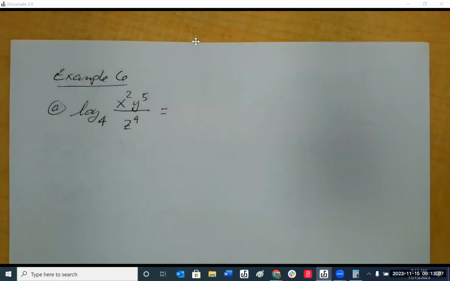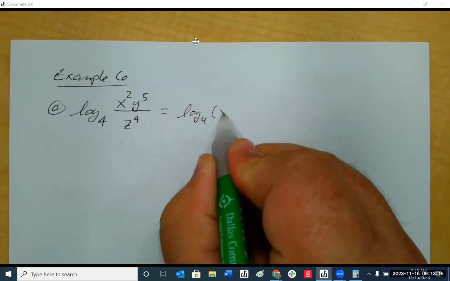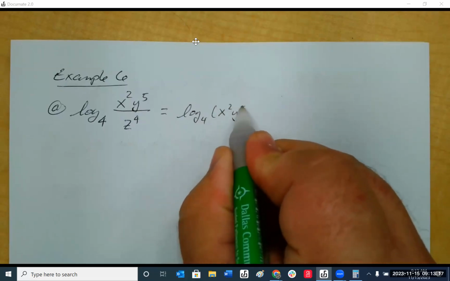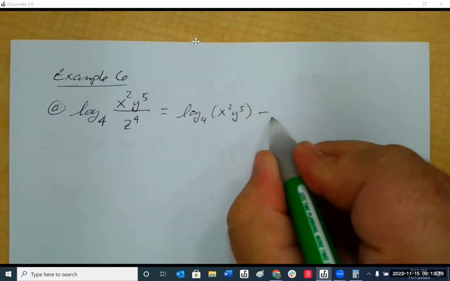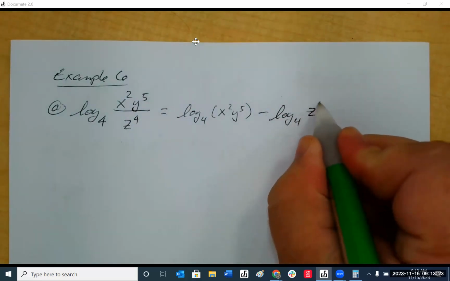So what's the most obvious rule to use right here? The quotient. So we'll have log base 4 of x squared y to the fifth minus log base 4 of z to the fourth.